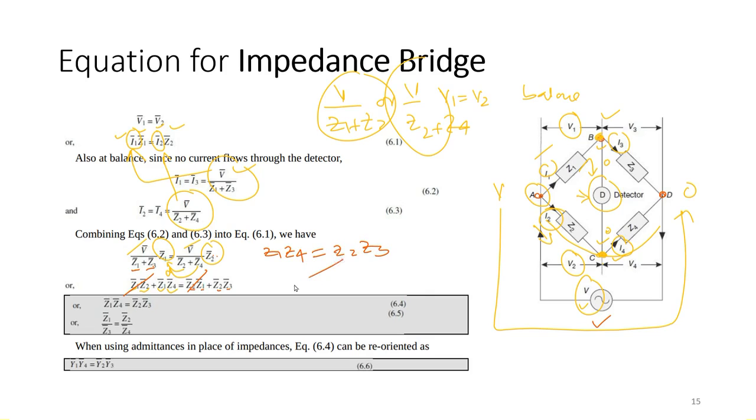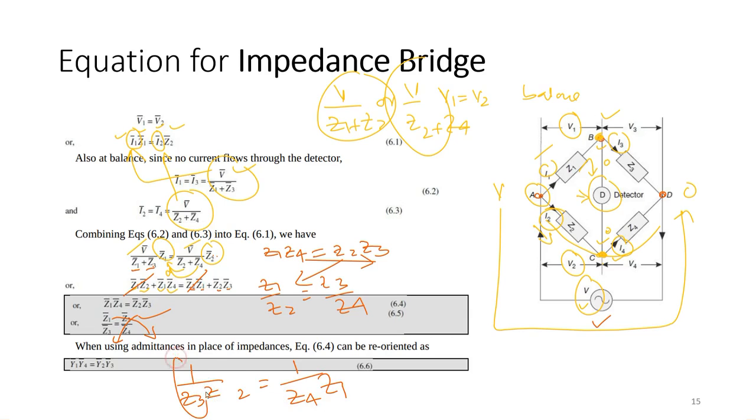So if we move this here, we get Z1 by Z2, and moving this here, we get Z3 divided by Z4. So this is our balance condition equation. If we convert this equation to admittance form, we just move Z1 here and Z2 here, so we get 1 divided by Z3 and Z2 equal to 1 divided by Z4 and Z1.